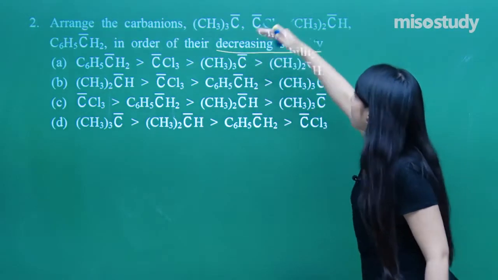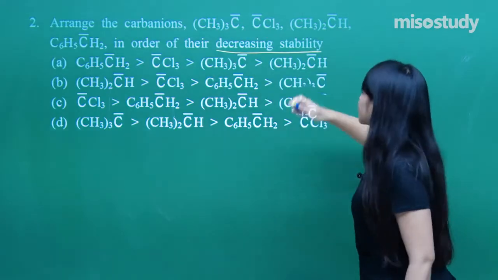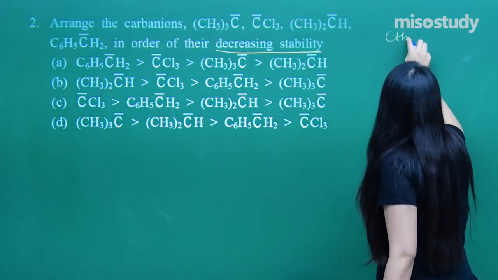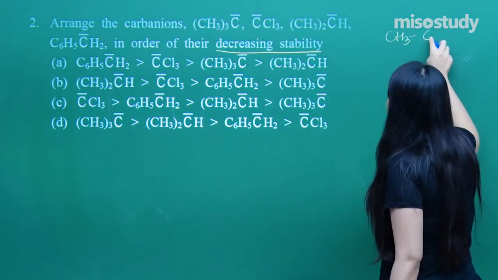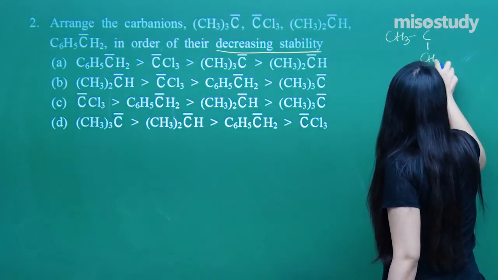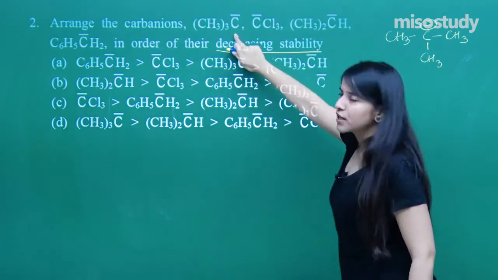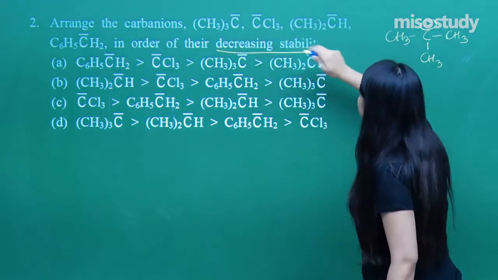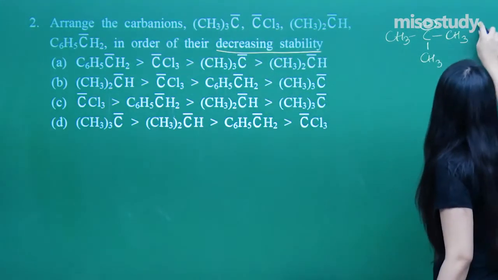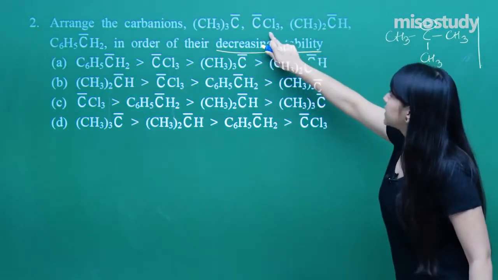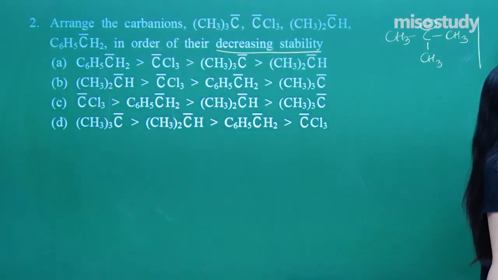What all do we have? Let me expand the options which are given over here. I have got a tertiary carbanion, number 1. And then number 2 is CCl3 negative.